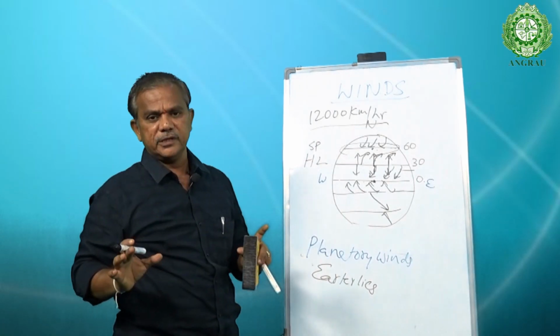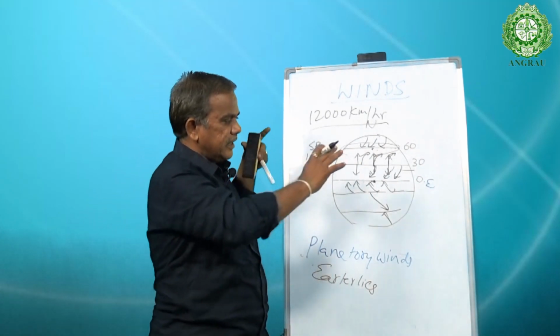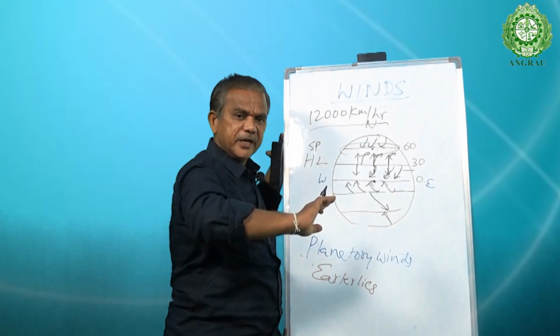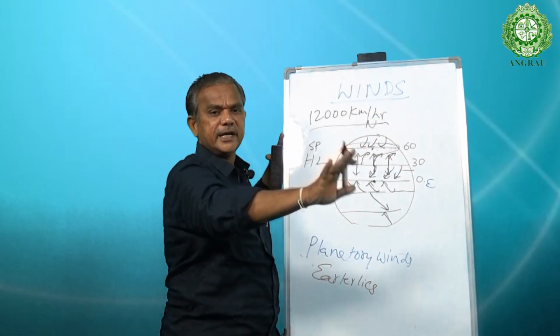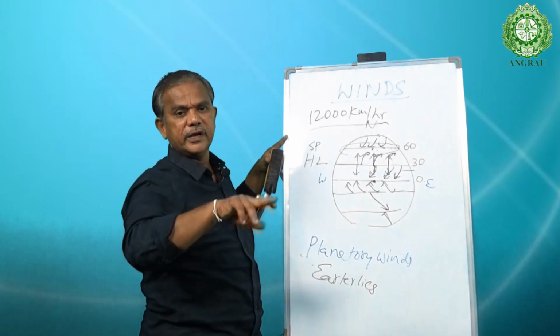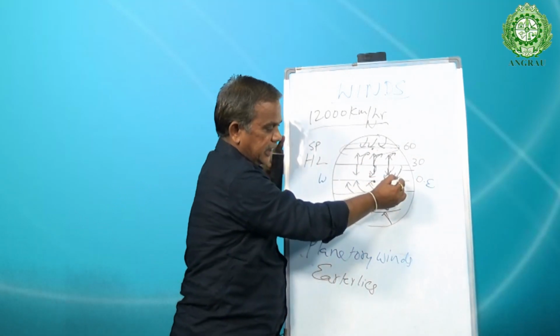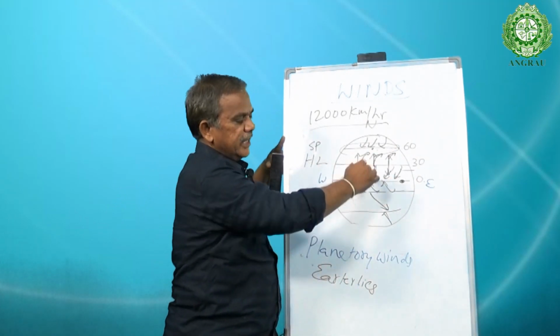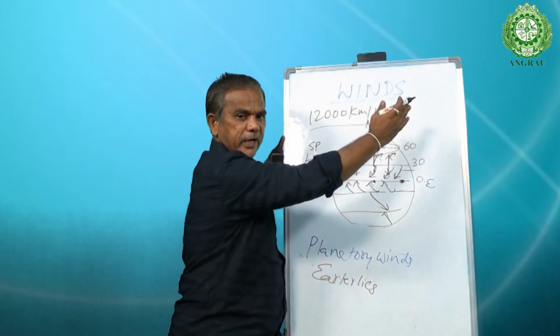So, you can remember that all the winds that are blowing in the northern hemisphere are directed clockwise, or towards the right hand side. The winds will be moving in the right hand side direction. That is, if a person is standing at the equator and sees any wind, it will be coming only from the right hand side, either going or coming.